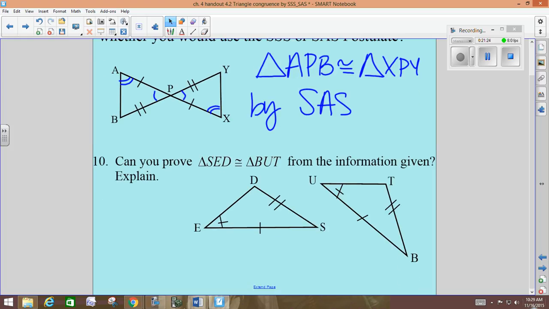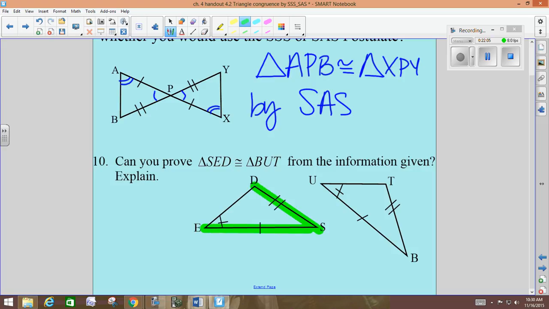All right, last one, number 10. Kilgore, Riley. Can you prove that triangle SED is congruent to triangle BUT from the information given? Remember, you only have two ways to prove triangles congruent. It's either going to be side, side, side, or it's going to be side, angle, side. Why not? Good. It's definitely not side, side, side, because we don't have the third side. But it's also not side, angle, side, because my two sides that are marked congruent do not have the angle between them marked.